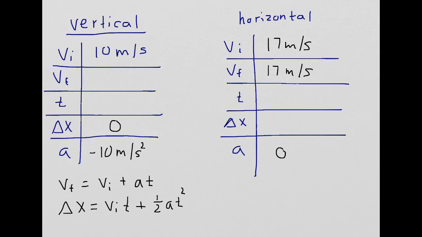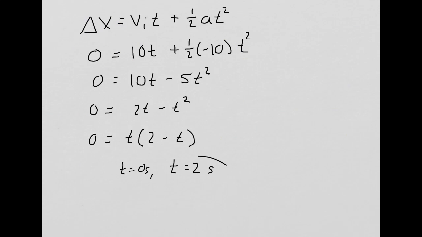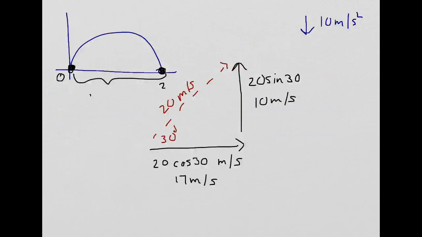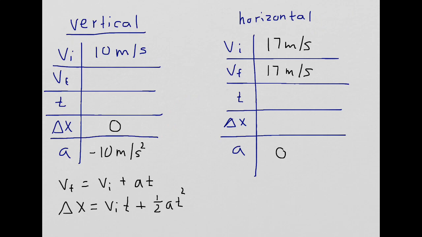Alright, so really this is total flight time. Now let's say I want to find the range, which is horizontal displacement. So how far did the ball go in that 2 seconds? So I look at my table. I now know that time is 2 seconds.